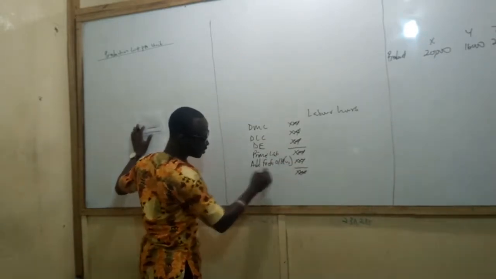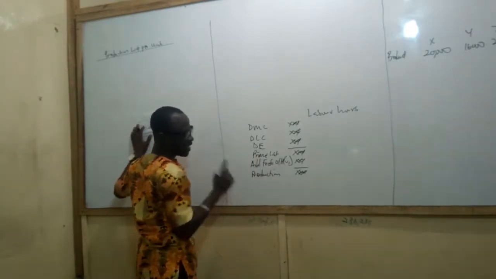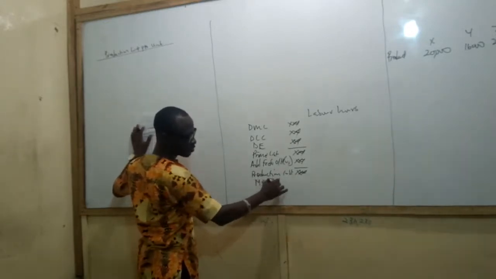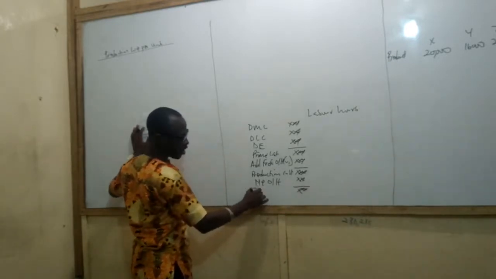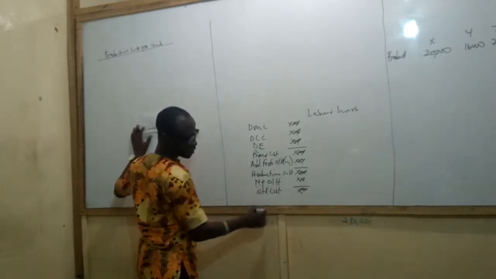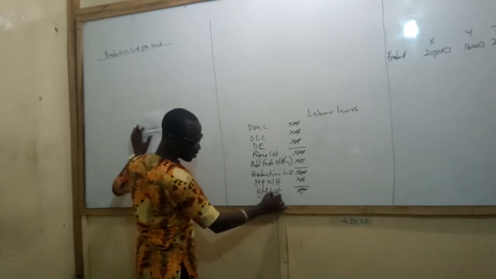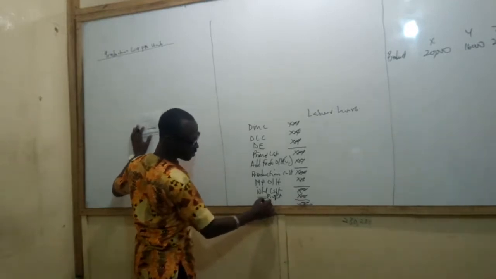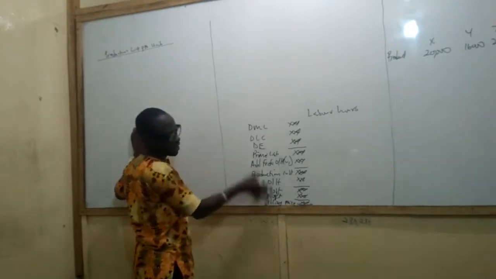That gives us the production cost. Then if there is non-production overheads, we bring it, and that gives us the total cost. Then we do markup or profit, and that gives us the selling price. So this is the cost plus concept.